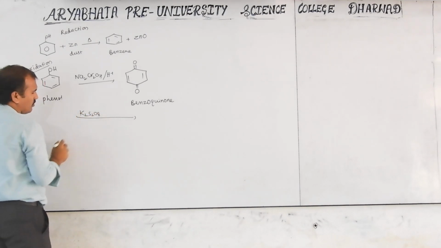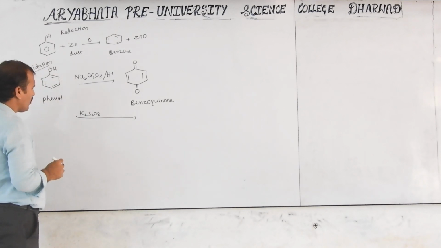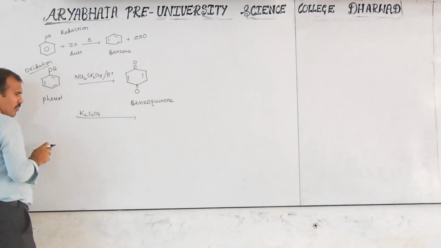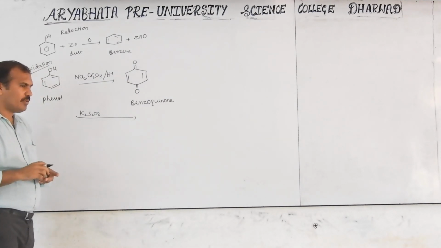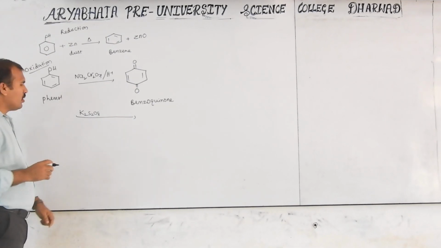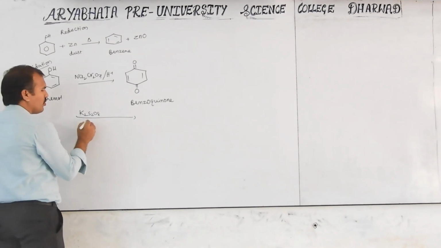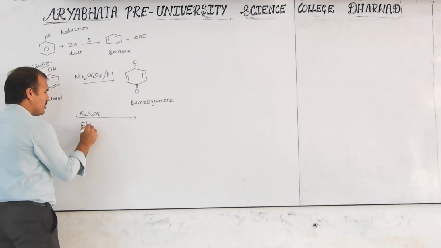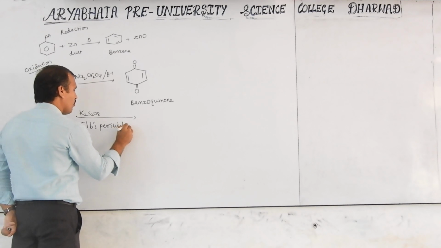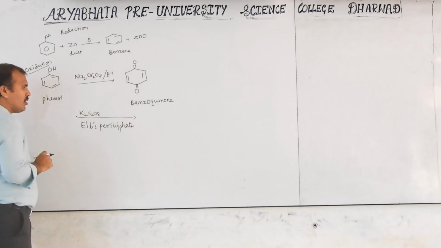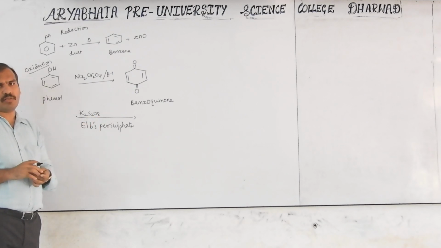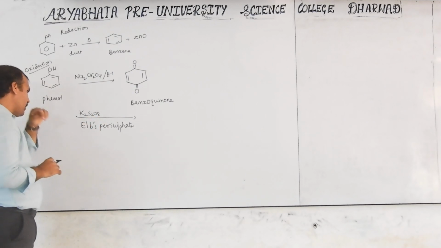K2S2O8. That is K2S2O8. This is called the Elbs persulfate reaction. This potassium salt has a peroxide bond. That's why it is called persulfate.